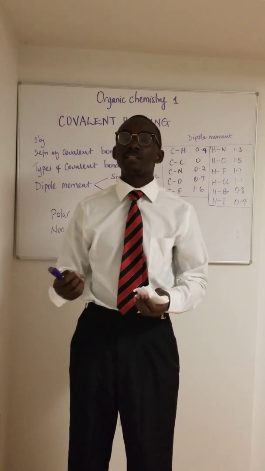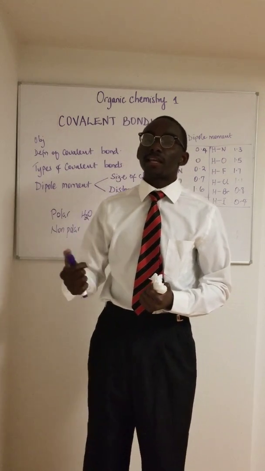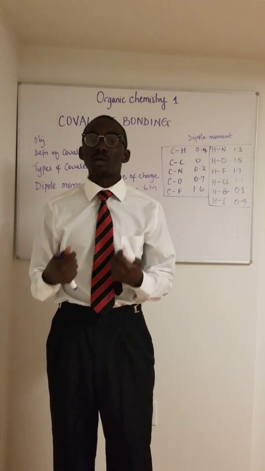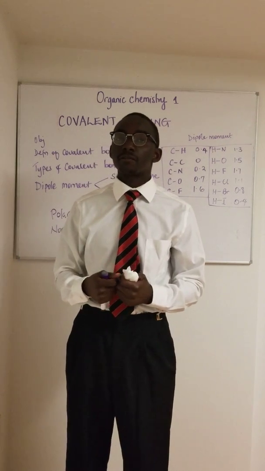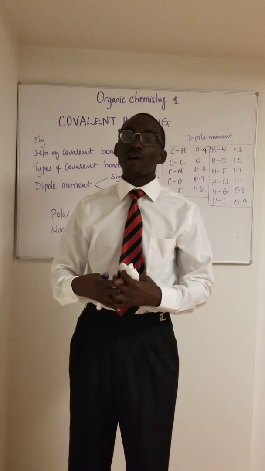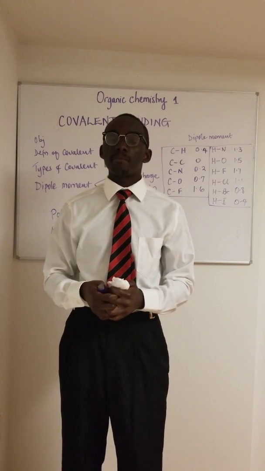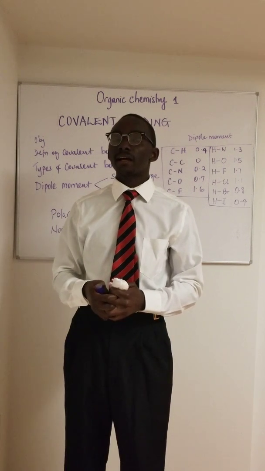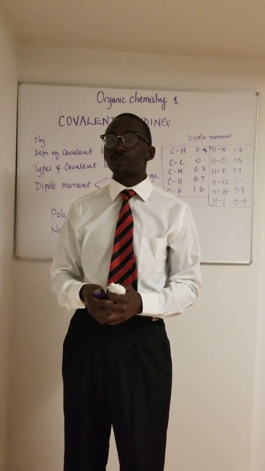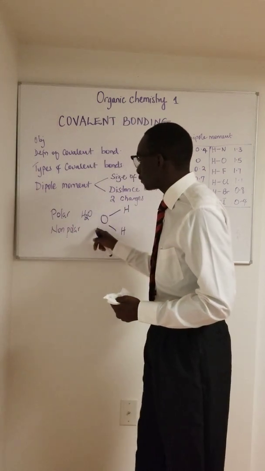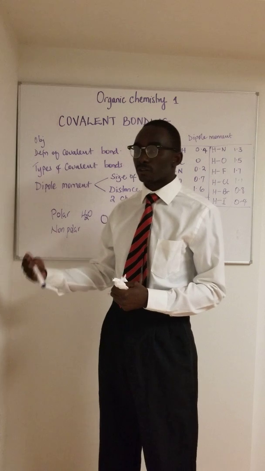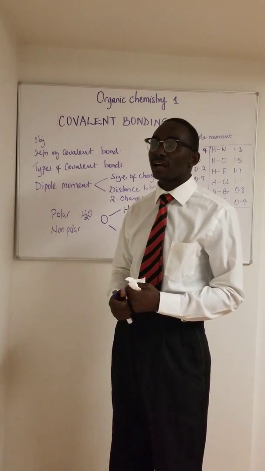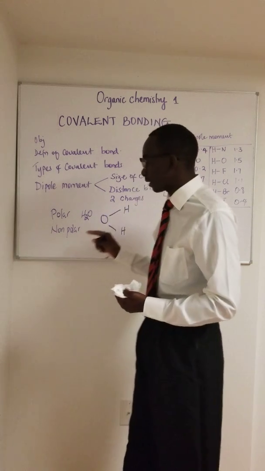Electronegativity is the ability of an atom to pull electrons towards itself. So from group 5 up to group 7, members have a very high electronegativity potential. Oxygen is among those groups, in group 6, so oxygen has a higher electronegativity compared to hydrogen.